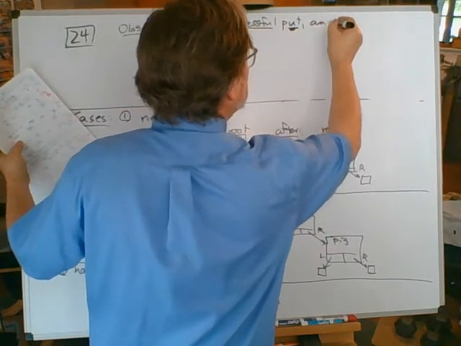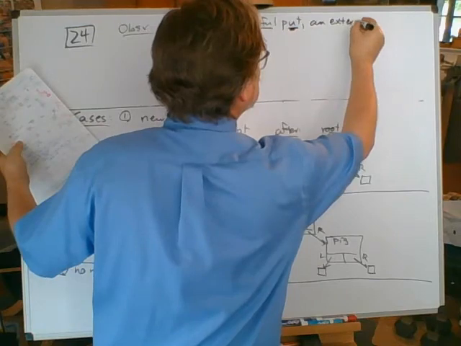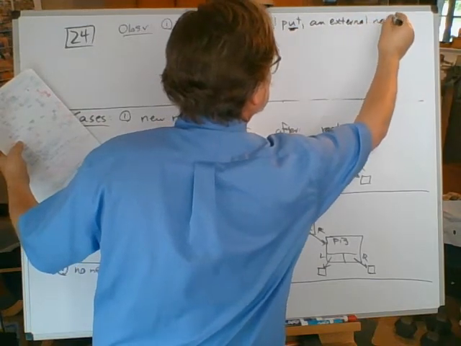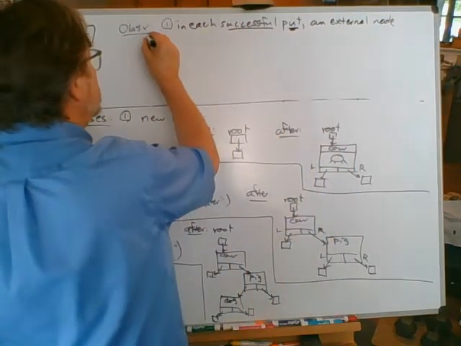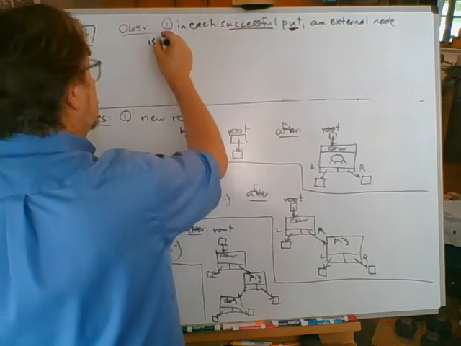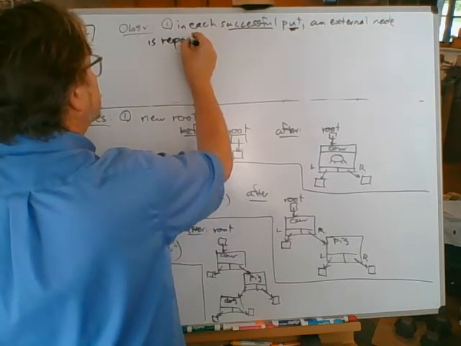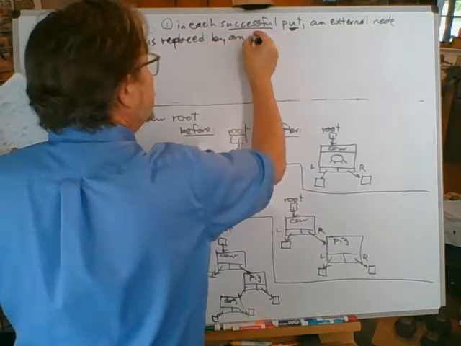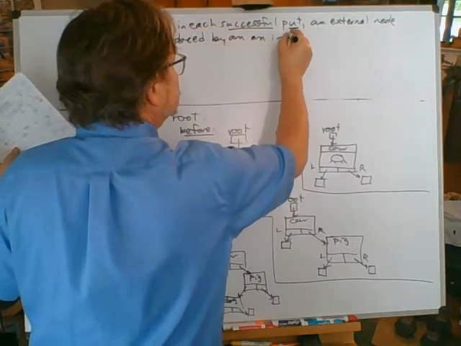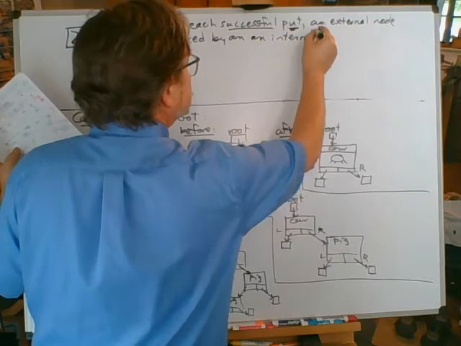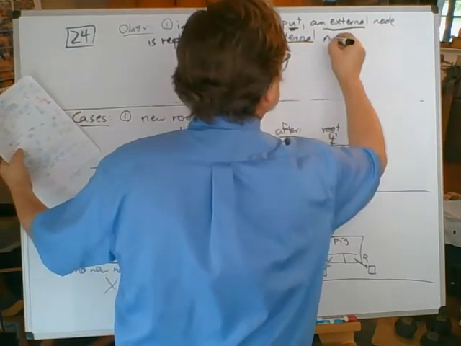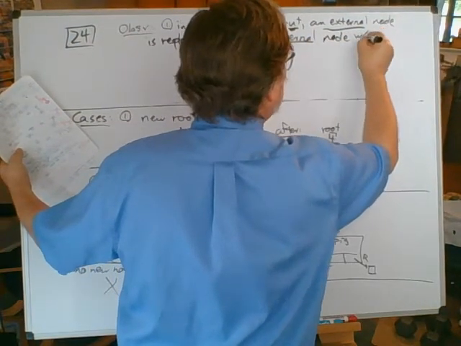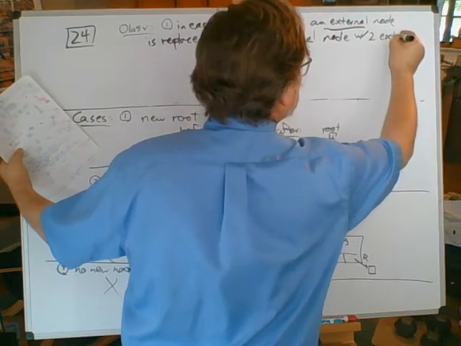An external node is replaced by an internal node with 2 external kids, heavily abbreviated.